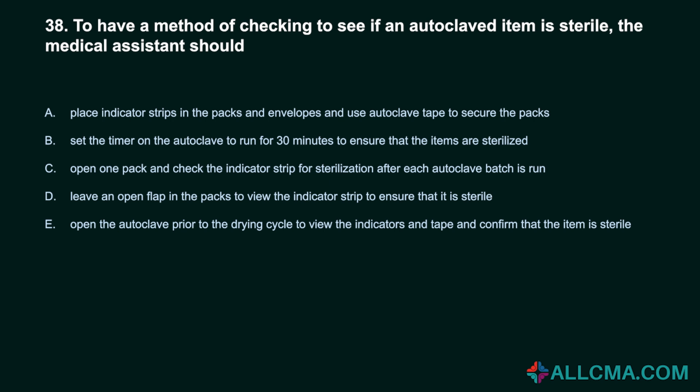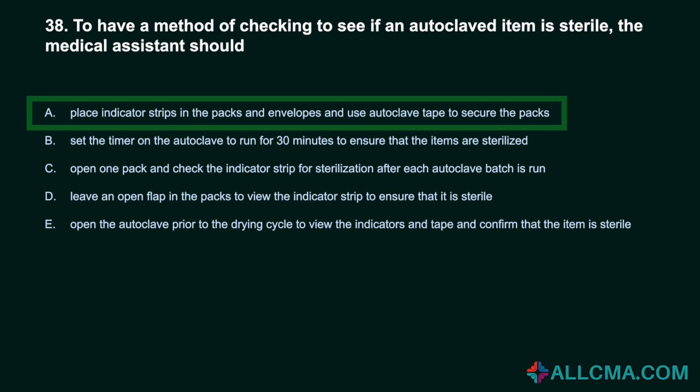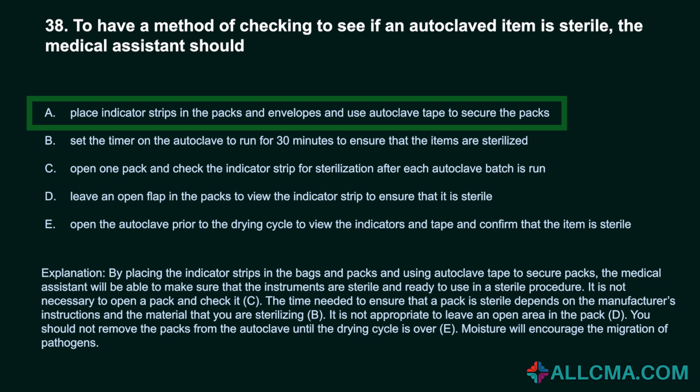Correct answer: Place indicator strips in the packs and envelopes and use autoclave tape to secure the packs. By placing the indicator strips in the bags and packs and using autoclave tape to secure packs, the medical assistant will be able to make sure that the instruments are sterile and ready to use in a sterile procedure.